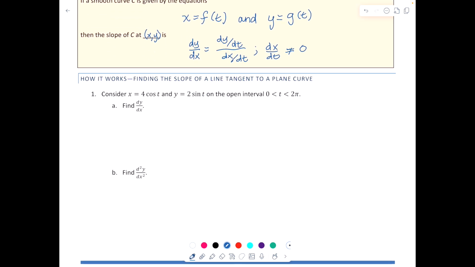x is 4 cosine t and y is 2 sine t on the open interval from 0 to 2 pi, non-inclusive. So let's find dy dx. We know that dy dx is equal to dy dt over dx dt.